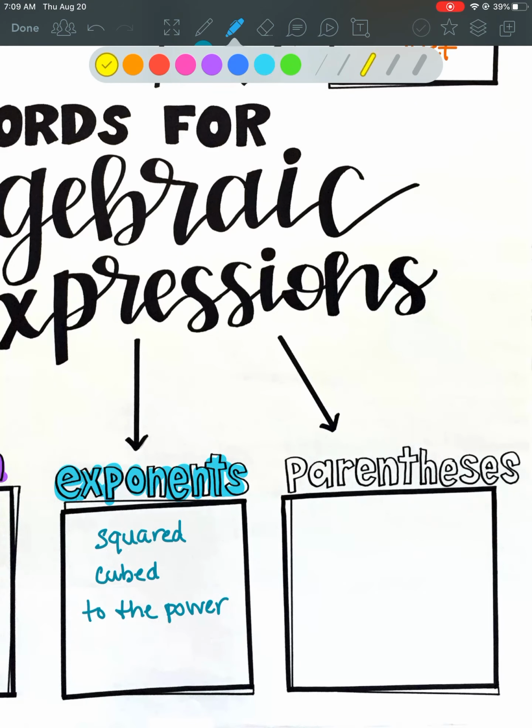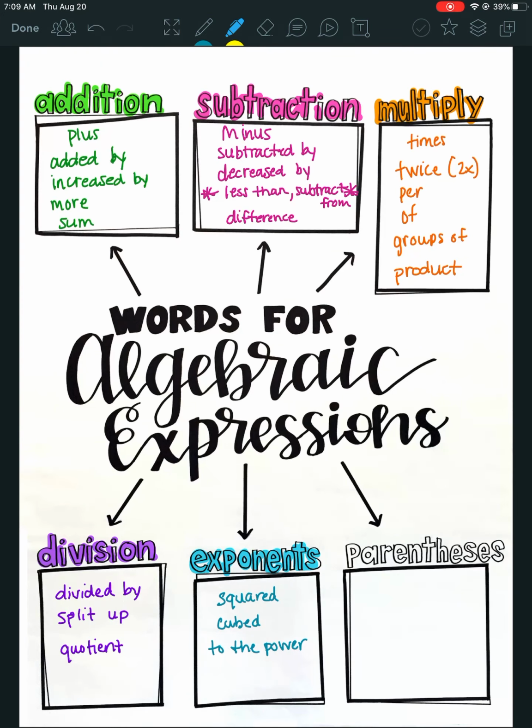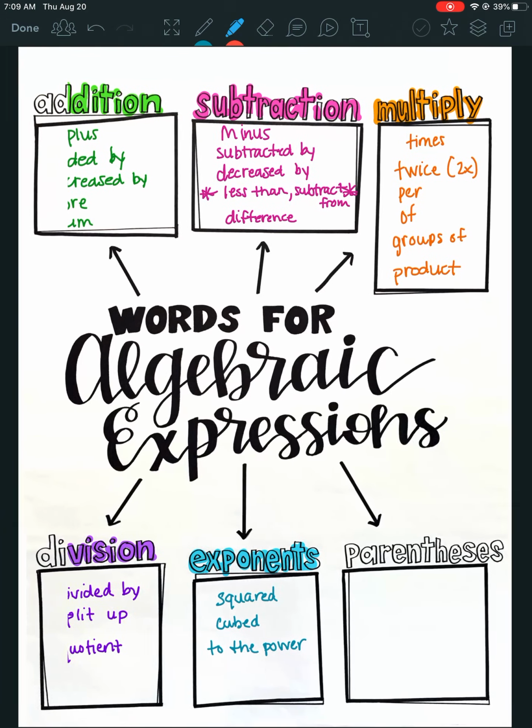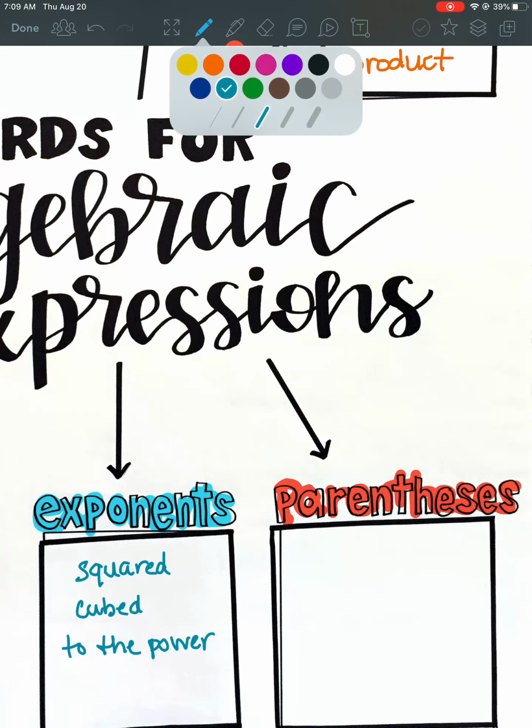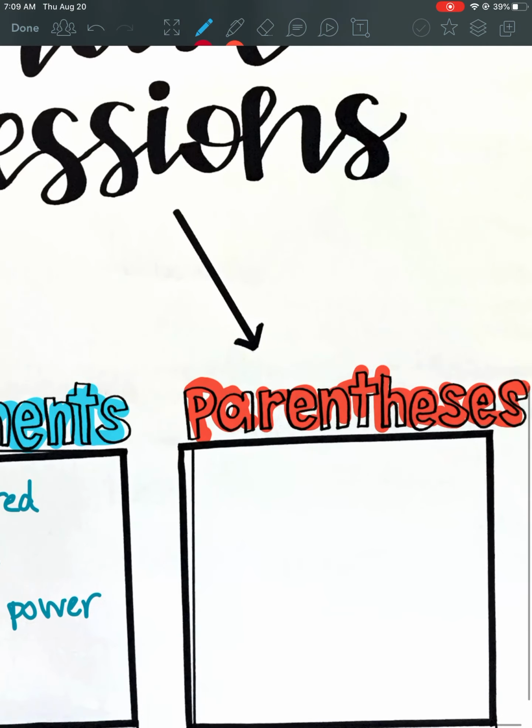Now, there will be scenarios where we have, let me see, I was trying to find a color I hadn't used yet, and I don't, we'll use red here. Parentheses come along when we have more than one operation happening. So parentheses are for compound word expressions. And this is going to signify we have 2 or more operations in it.